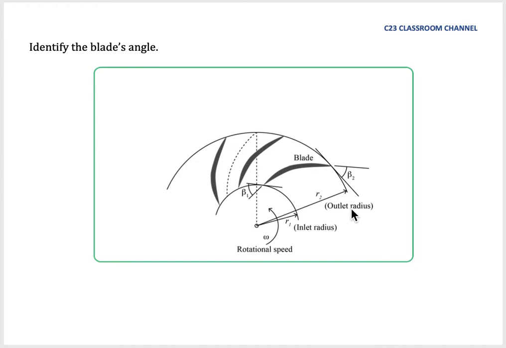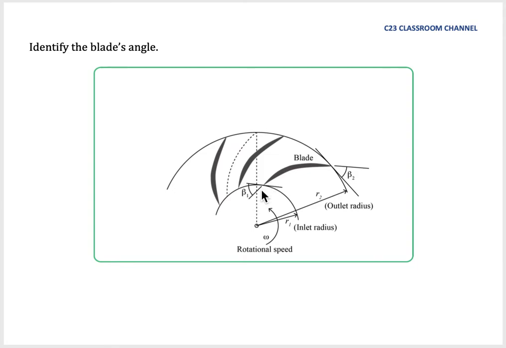Then we determine the blade angle. The blade angle means the angle at the inlet and the angle at the outlet. The idea is simple.